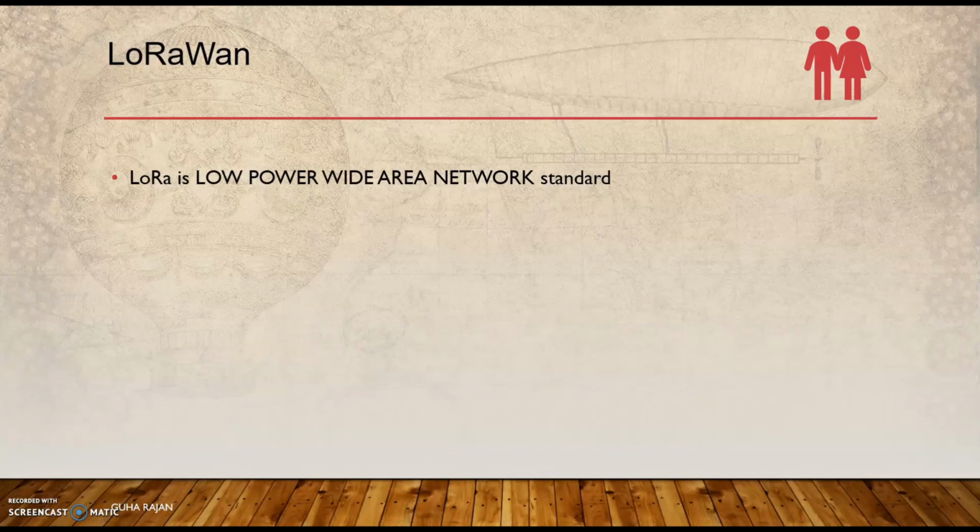But in a remote area, say for example on a farm, you might not have 24/7 electricity, or you might not have a UPS facility. In that case, it should be operated through a small cell battery. That is where this technology, the low power wide area network, is gaining momentum.